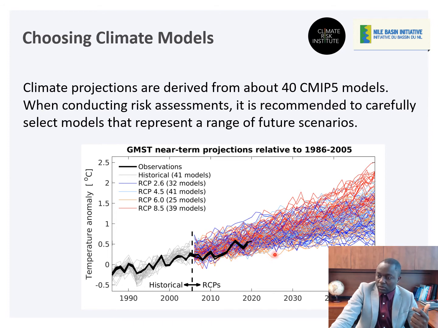If you choose a model that is lying here, then you are choosing a cold model. If you choose a model that is lying right at the top, you're choosing a very warm model. If you choose something in the middle, then you are choosing a moderately warm model. So it is important to consider a range of cold, moderately warm to very warm models in your risk assessment.